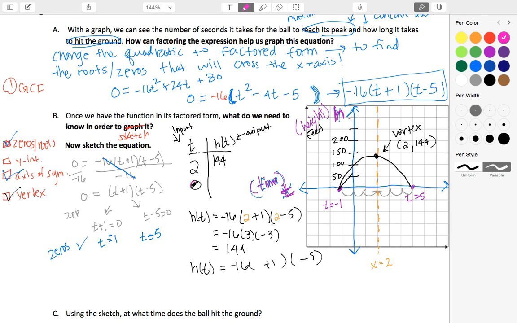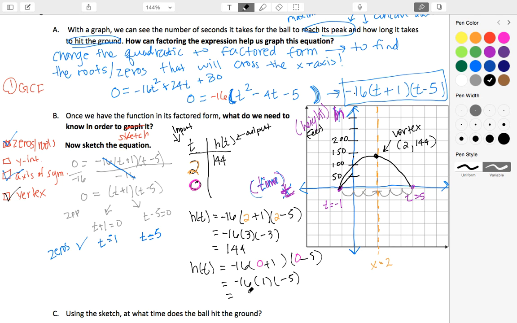Since we're substituting in for 0, I'll use this color. Here we can substitute in 0 and 0, and then we'll get -16 times 0 plus 1, which is 1, and then 0 minus 5 is -5. When you type that into the calculator, -16 times 1 times -5, we'll get 80.